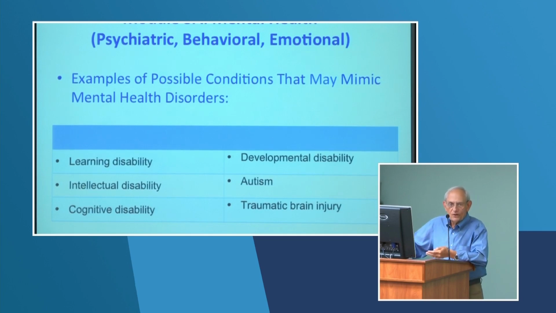Autism may appear to be a mental health disorder, but it is not. It's a developmental disability. Traumatic brain injury, no. And PTSD is, in one sense, a mental health disorder, but it's also traumatically induced. Traumatic brain injury may appear to be a mental health disorder.